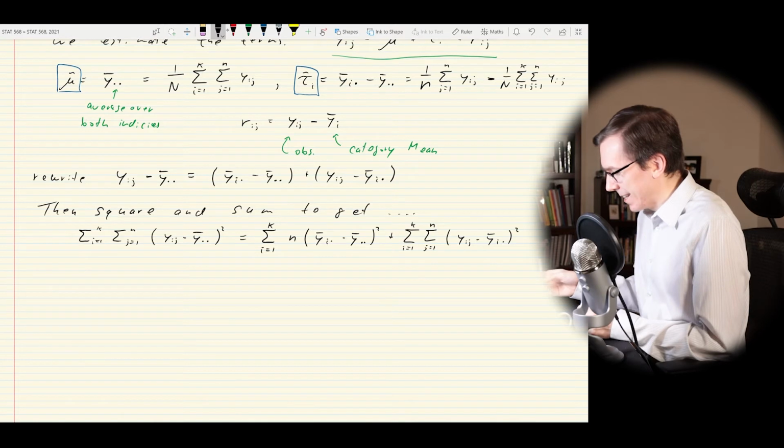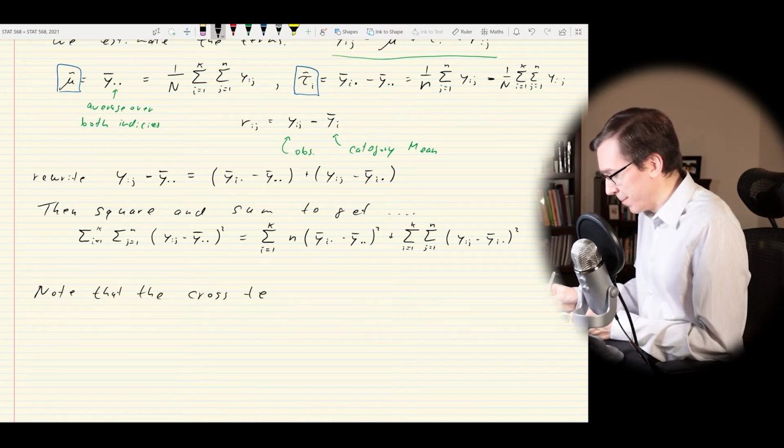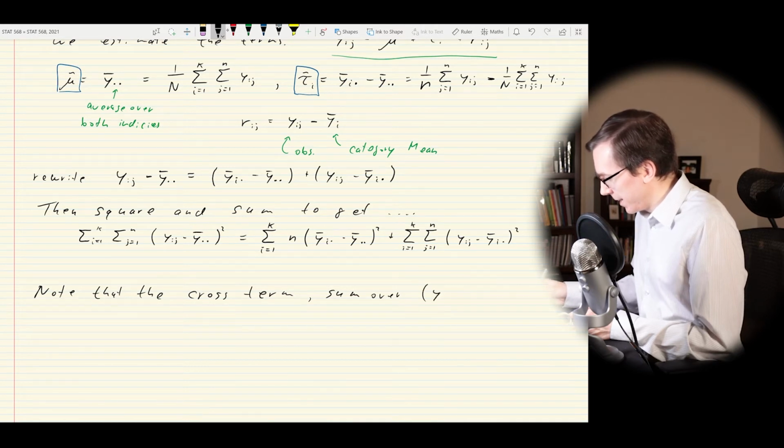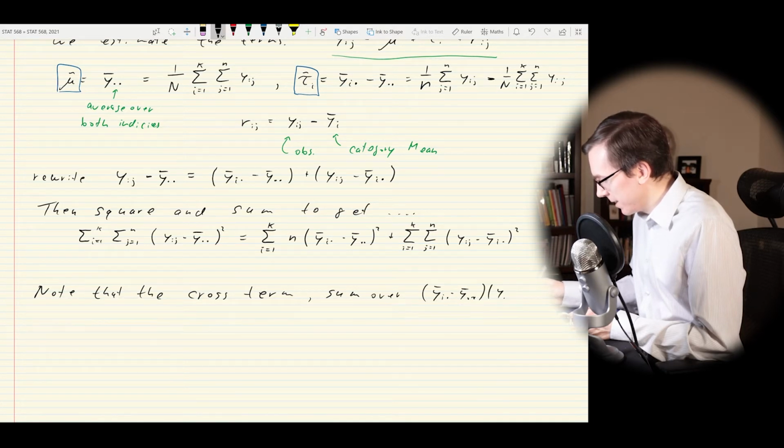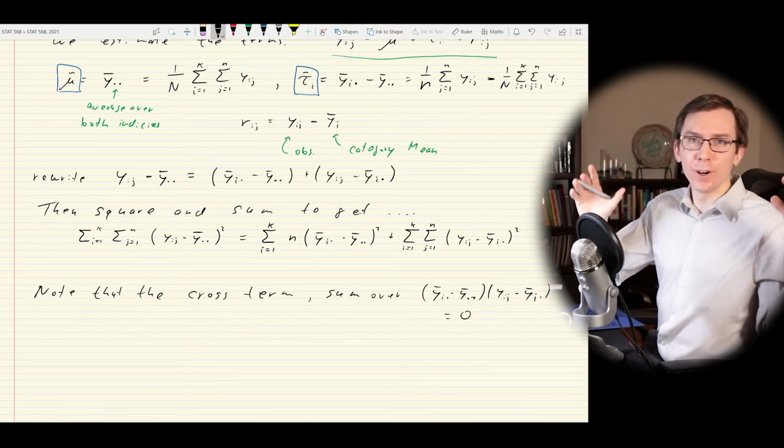First, note that the cross term, which is the sum over (y bar i dot minus y bar dot dot) times (y ij minus y bar i dot), is going to be 0 when I sum over all of them.